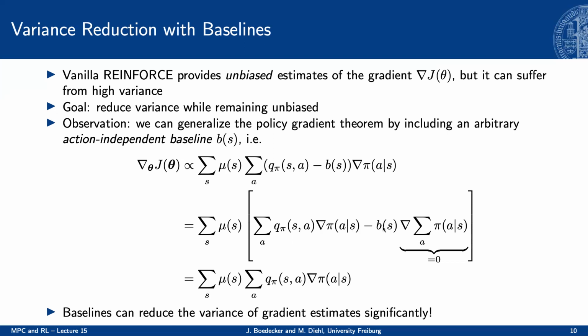But since the baseline is not action dependent, and this is a probability distribution, if we sum over all the A's, the gradient here is going to be 0. So this whole thing doesn't actually introduce any kind of bias. We can just leave this out, and we're left with what we had before in the policy gradient theorem. So no bias is introduced.